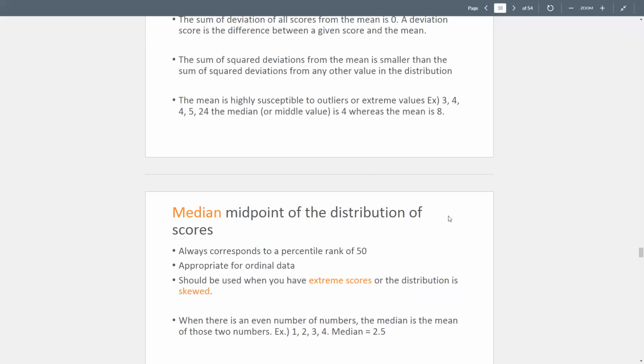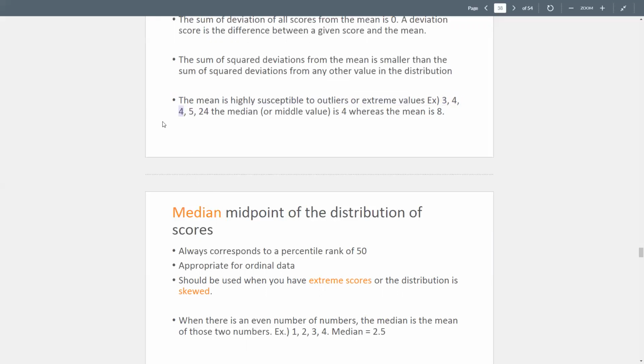So in this distribution, we have a 3, a 4, a 4, a 5, and a 24. To get the median, we basically just put the numbers in order and look for the center number.